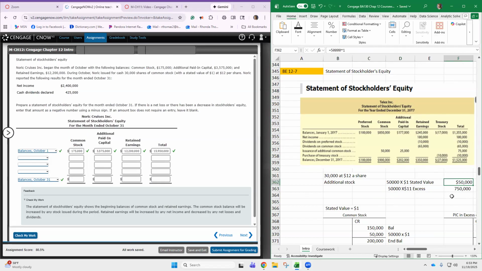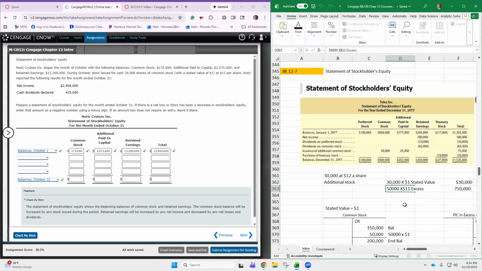So we've got 30,000 times 1. And then the excess is the 30,000 shares times $11. Stated value and par value mean the same thing.